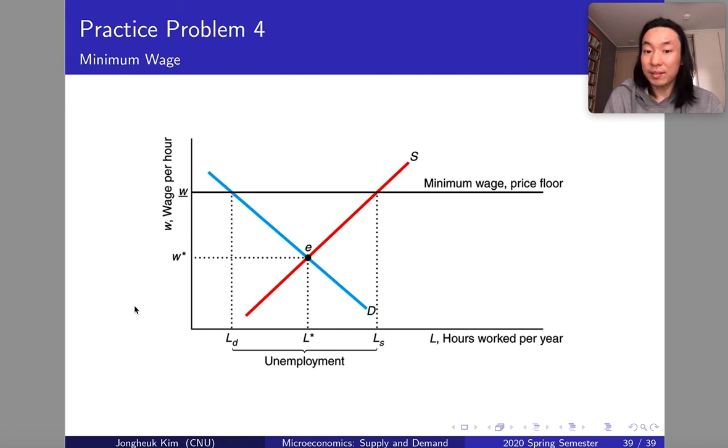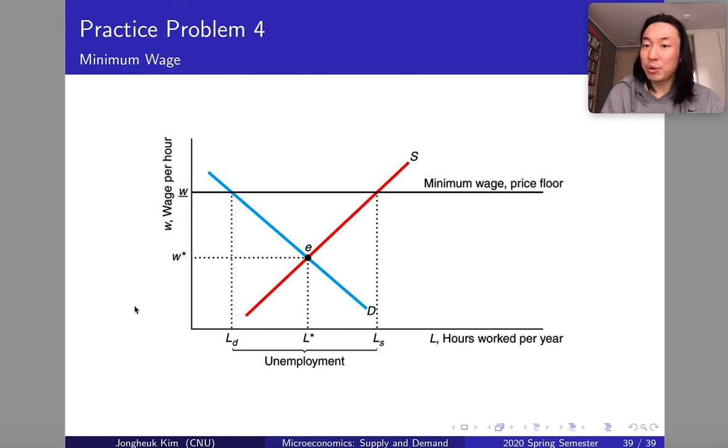So LS minus LD is the number of people who really want to be hired, but they cannot find a job. So this is a kind of excess supply, and this excess supply is called unemployment because they are still seeking a job at the minimum wage level, but they cannot find one because there are not many employers at that price level.